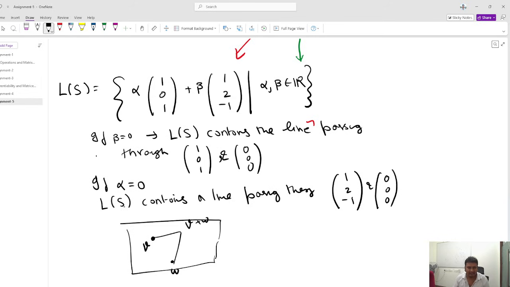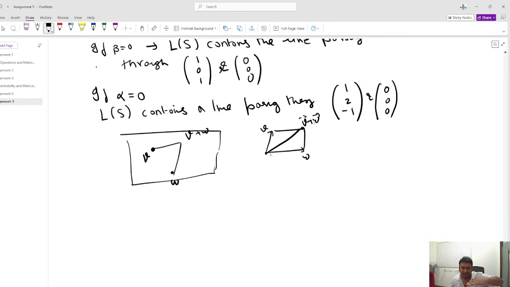You use this law. So this is the vector v, and this is the vector w. Let me write like this. You make something like this, and this point denotes the vector v plus w.